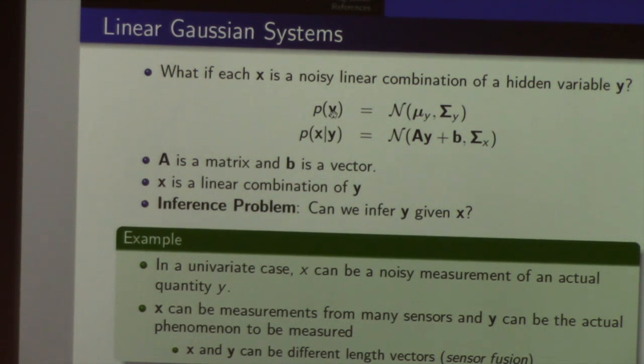If you go back to the previous example, essentially what we assumed was that A is identity and b is zero. So we are just saying p(x given y) is a normal distribution centered at y with this covariance. But in general, in linear Gaussian systems, it could be any. You can also think of it as sensor fusion. You have many types of sensors, and this is how the sensors are combined to form the output.